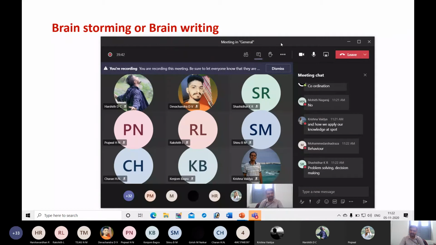That means there will be a meeting of the team. And you may have to manage a team, which means there will be subordinates, people who have diploma or ITI. They may be working as machine operators or on the shop floor. You have to manage them, so you must have the capability to work in a team.